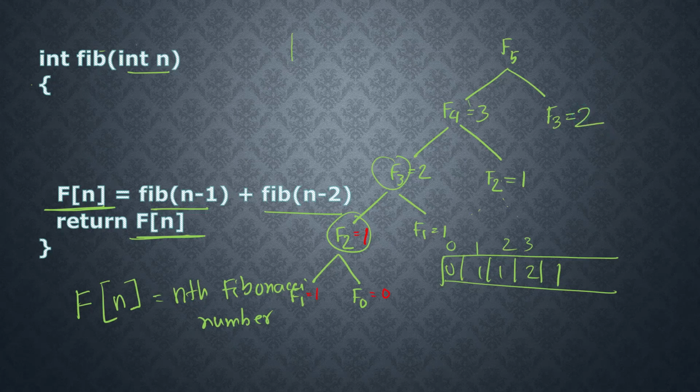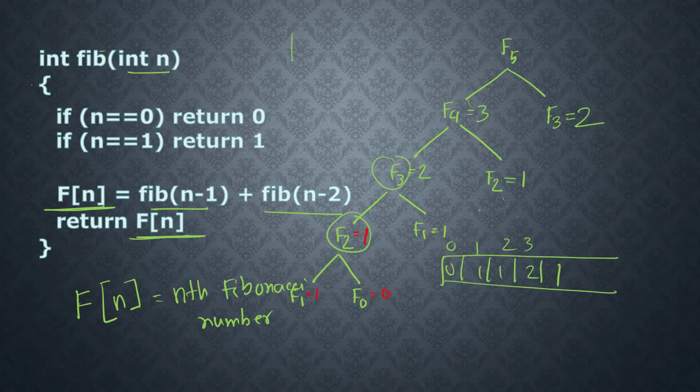So how will we check this? This is the base case as always, and then before going to this phase, because we are calculating f of n here, we have to check before calculating that if it's already calculated.